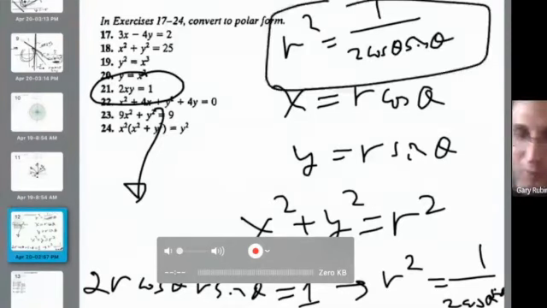I can actually go one more step with this. Anyone know what? There's one more. I could go one step further, not that I really need to. This is a perfectly good answer: r squared equals 1 over cosine theta sine theta. But something unusual, surprising, happened. Does anyone know?